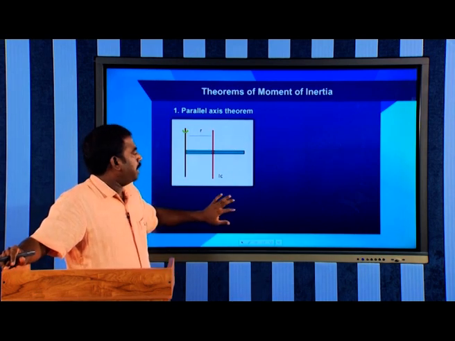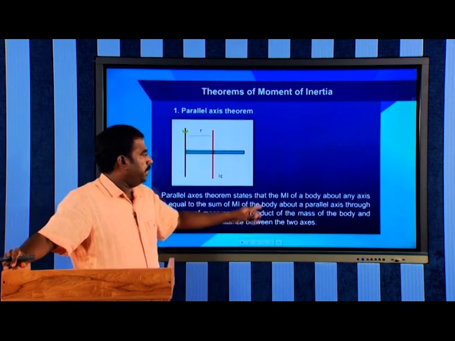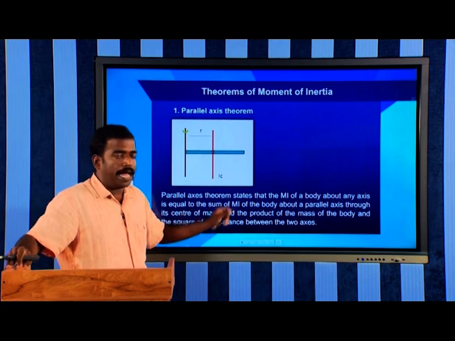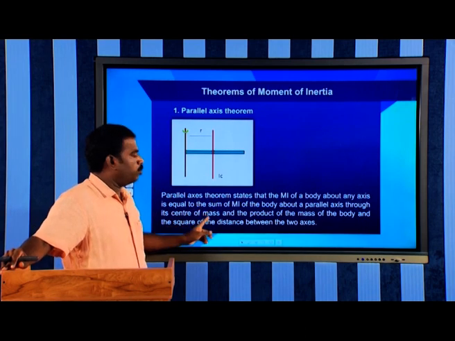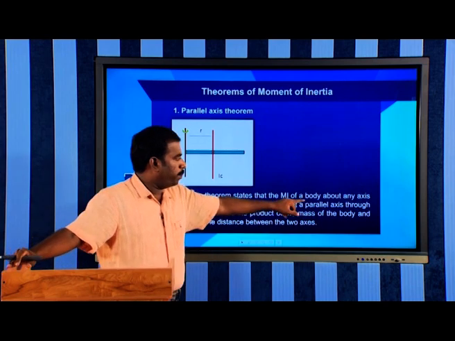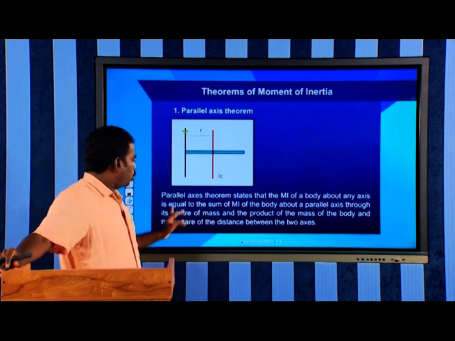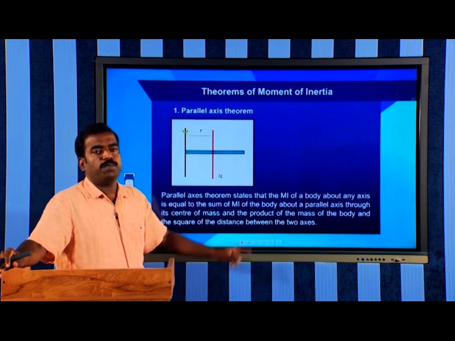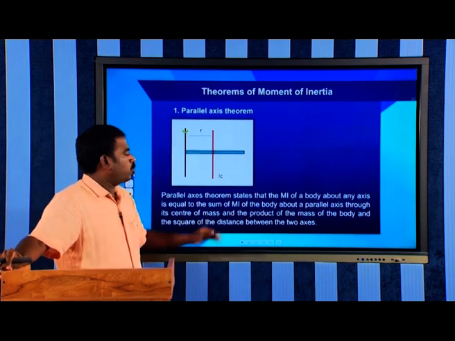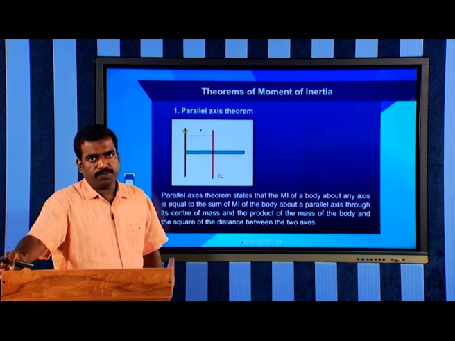Then the parallel axis theorem states that the moment of inertia of a body about any axis is equal to the sum of the moment of inertia of the body about a parallel axis through its center of mass and the product of the mass of the body and the square of the distance between the axes.